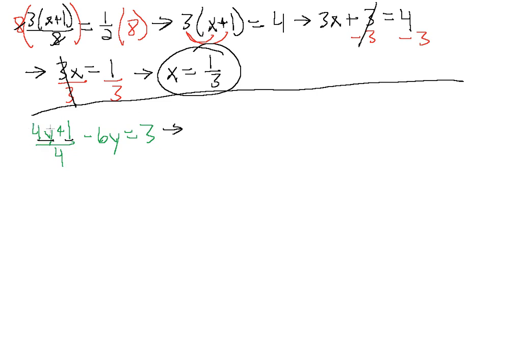We can take this and say, well, this is one fraction, this 4y over 4. So we can write 4y over 4, and we can write plus and make this another fraction, this 1 over 4, which is 1/4. And then we still have our minus 6y and our 3 on the other side.